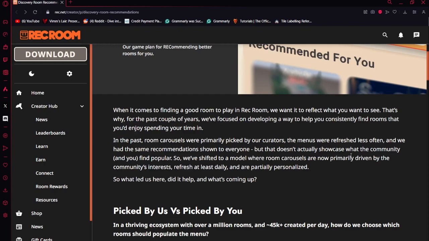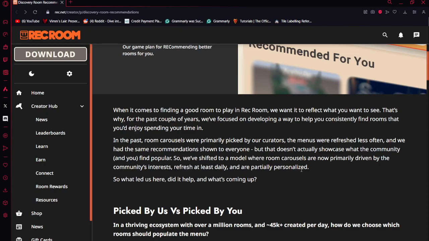I don't think they need to refresh it too much. Same recommendation shown to everyone, but that doesn't actually showcase the community, so they shifted to a model where it's driven by community interest, refreshed daily, and it's partially personalized.